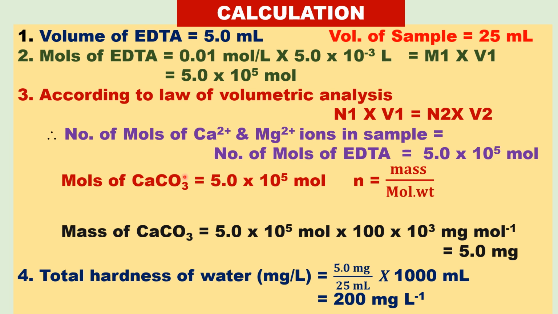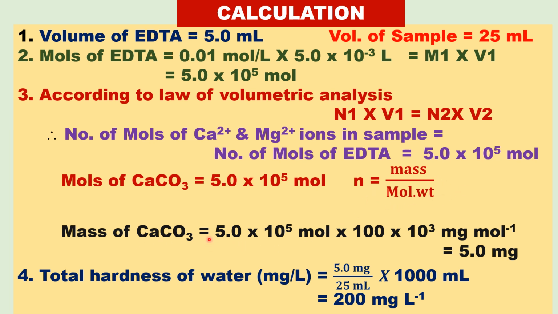Now, the total hardness is expressed in terms of calcium carbonate, mass of calcium carbonate in milligram per liter. The number of moles of EDTA equals the number of moles of calcium carbonate. We know n equals mass by molecular weight. The molecular mass of calcium carbonate equals 100 gram per mole.